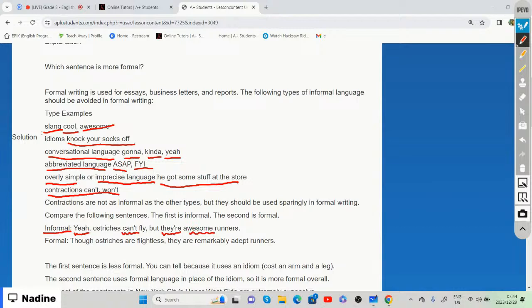All right, so now we compare to the formal way of writing. And it says, though ostriches are flightless, they are remarkably adept runners. You can even look at the way it is written, right? The tone in which it is written.